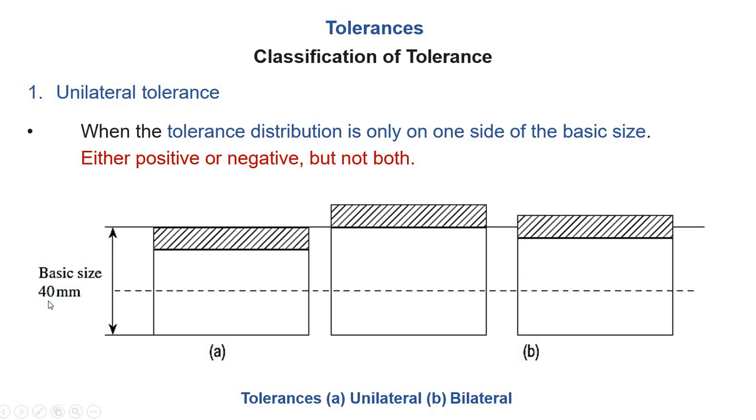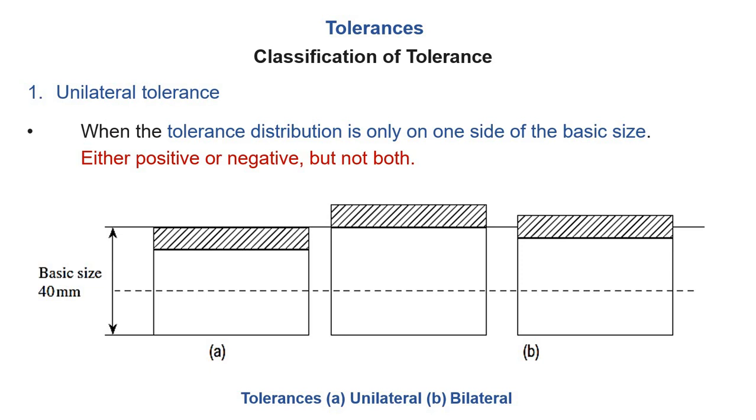Actually, we can't produce an exact 40 mm dimension by any machining process, and even if we were capable of producing it, we could not measure it with any measuring instrument. Some allowable errors are there, so we can't measure or produce exactly 40 mm. It is a natural phenomenon.